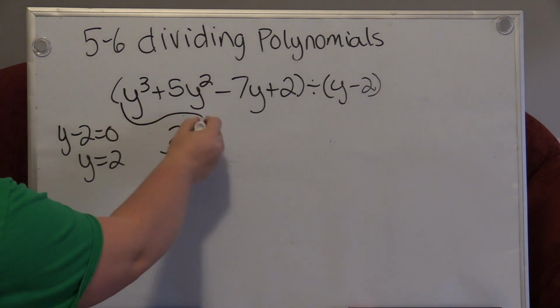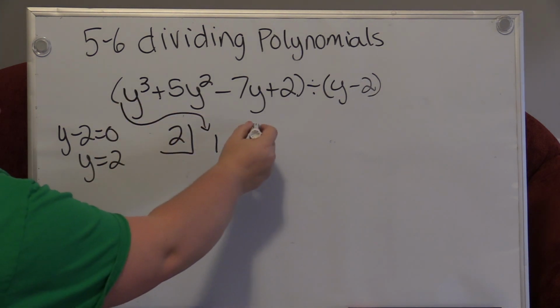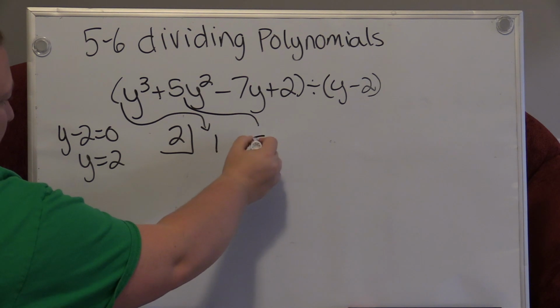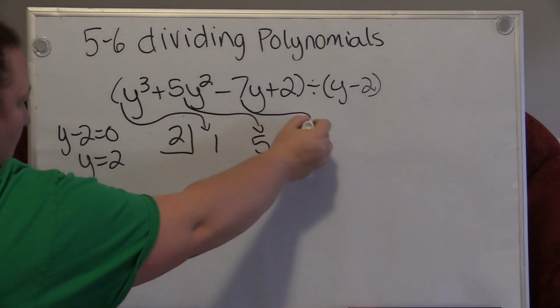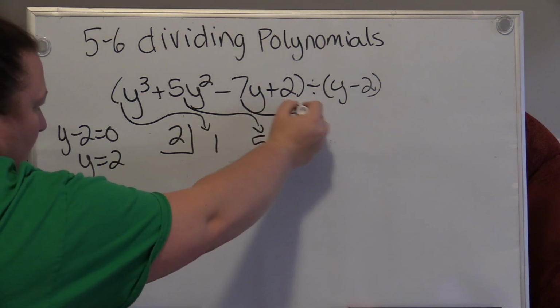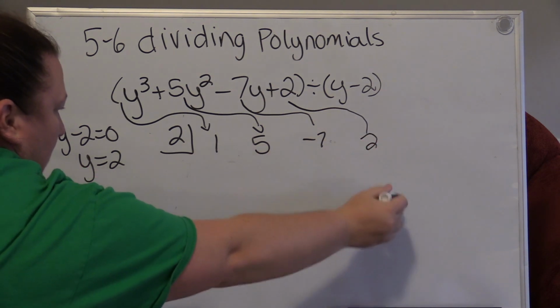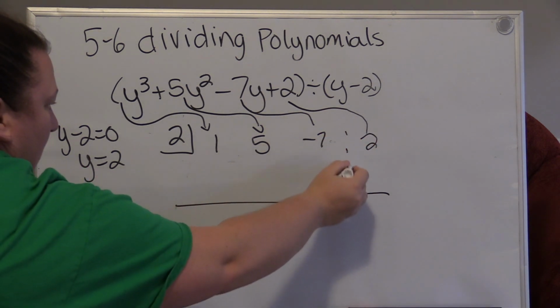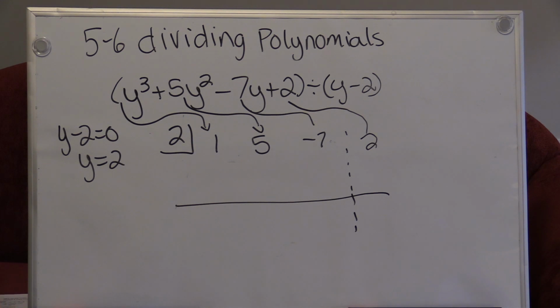And we start by, remember, bringing our coefficients. This is 1, this is 5, this is negative 7, and this is positive 2, leaving our spot for the remainder.